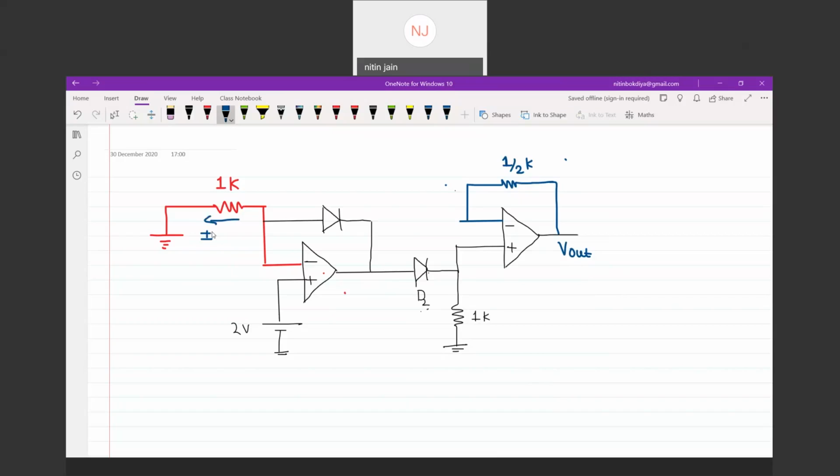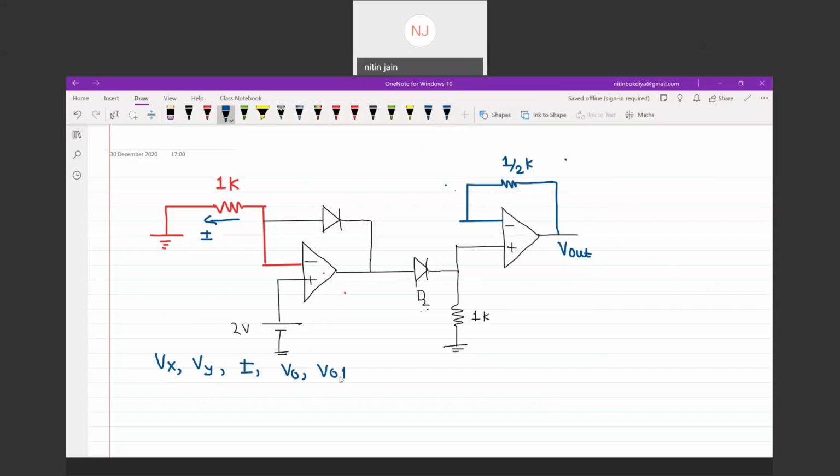And I am interested in more voltages. The first one is Vx. Then I am interested in Vy. Then I am interested in I. Then I am interested in VO and V out.